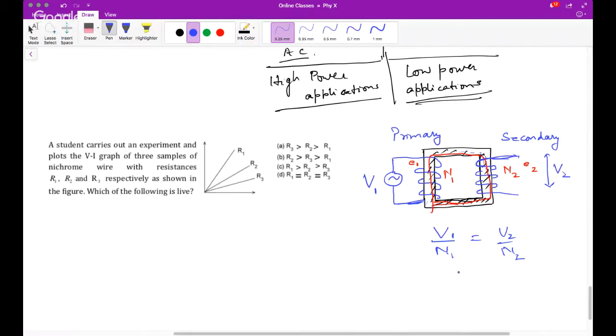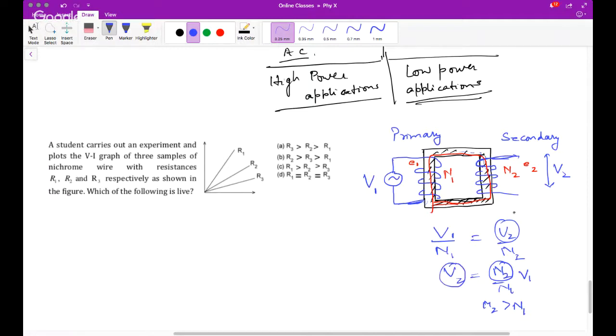So if you want to increase the voltage V2, V2 is nothing but N2 upon N1 times V1. So if you increase the number of turns N2, automatically the voltage V2 will step up. If N2 is greater than N1, then V2 will be greater than V1.